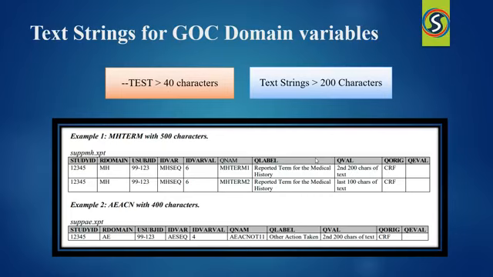So variable QNAM would have the values of MHTERM1 and MHTERM2 for those records in your supplemental domain of the medical history dataset. So you can relate the associated supplemental text records based upon the parent record containing the first 200 characters of text in the standard domain.